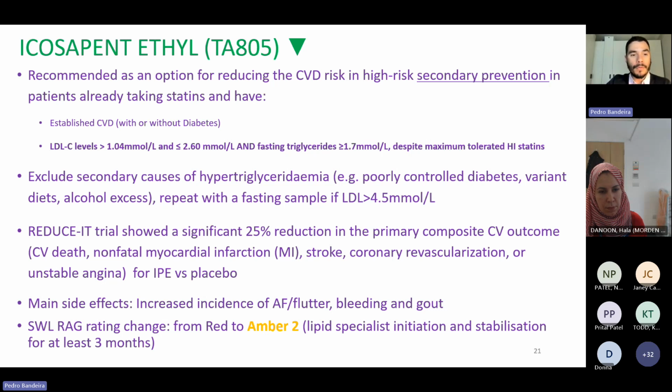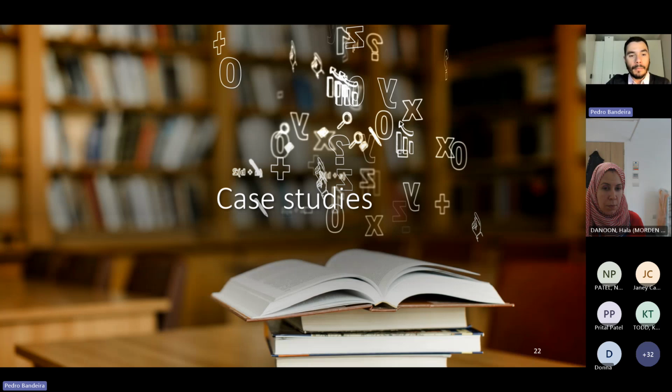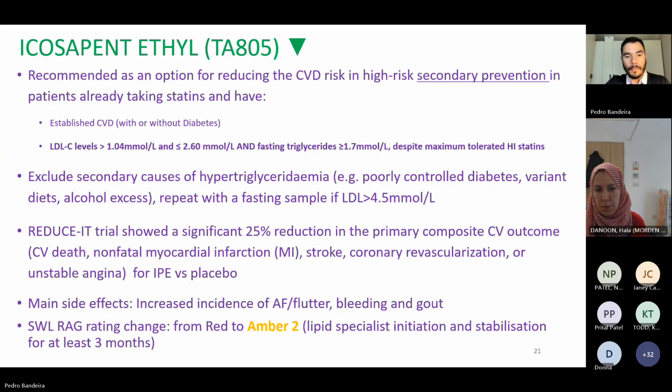From the REDUCE-IT trial, there was a significant reduction in the primary composite of cardiovascular outcomes, MI, death, stroke, and coronary revascularization with this therapy. As I mentioned, it increases the incidence of AF and flutter.